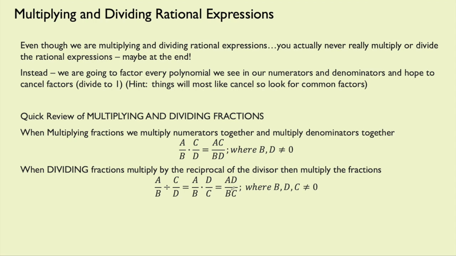And so we get AD over BC. But in this case, B, D, and C can't equal 0, because our final answer has a C in the denominator, so that can't be 0. And B and D are denominators for our fractions, so those can't be 0 either. Again, 0 in the denominator is a no-no.